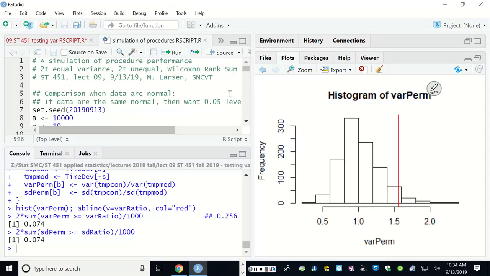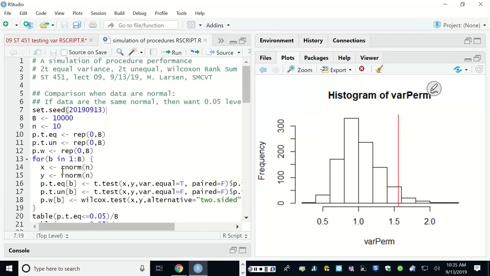It's more commands. We talk about doing these different tests and maybe wanting to do different tests for different reasons. So how do we see that? We're going to generate some data when the data are normal to begin with. We're going to generate some normal data and some other normal data, rnorm, mean 0, variance 1.